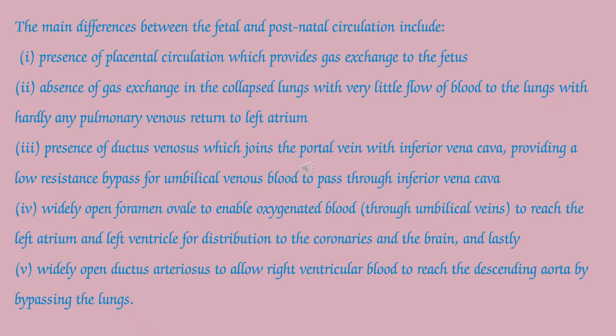Next, there is a widely open foramen ovale which enables oxygenated blood to reach the ascending aorta and distribute to the vital organs, and it empties to the coronary arteries whereby the heart is supplied. Next, there is a wide open ductus arteriosus which allows the right ventricle to empty the blood into the descending aorta, thereby the lower portion of the fetus is supplied.